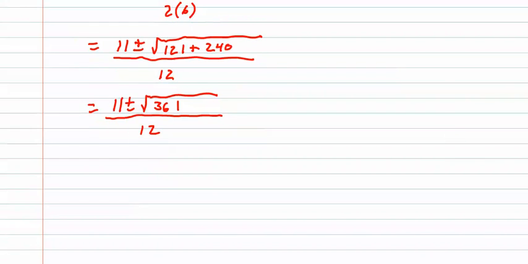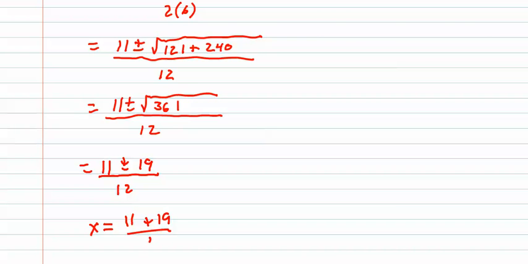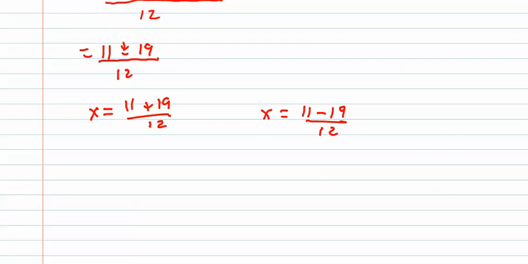All right, now we just finish this off. Square root of 361 is 19 all over 12. So we have x is equal to 11 plus 19 over 12, or x is equal to 11 minus 19 all over 12. And this requires you to simplify a little bit.